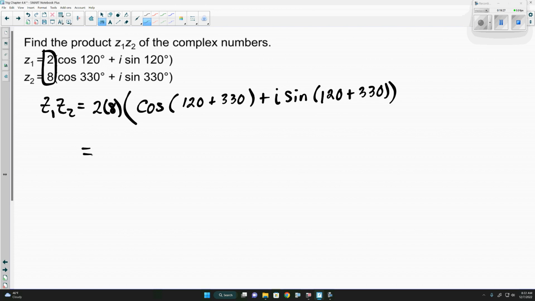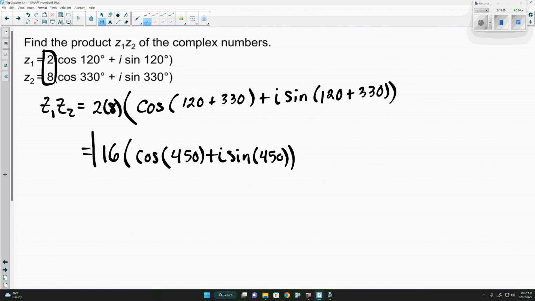Well, 2 times 8 is 16. 120 plus 330 is 450. That's it.